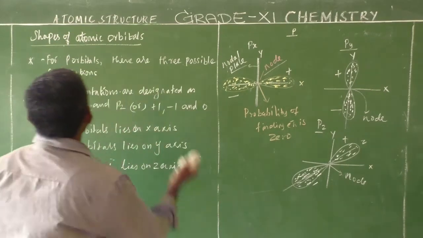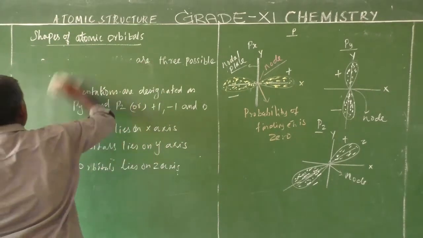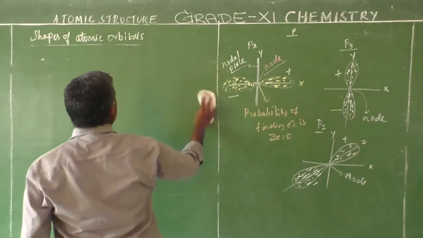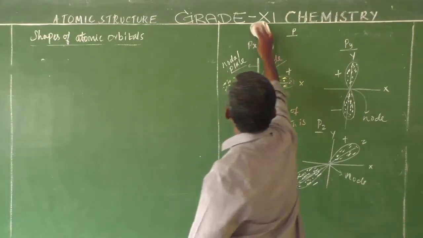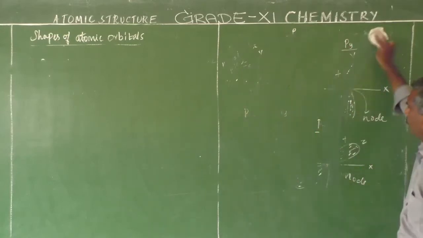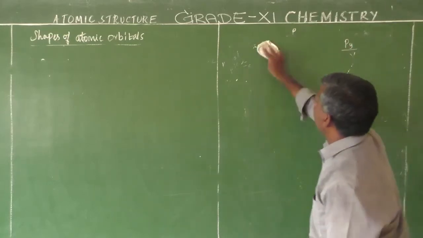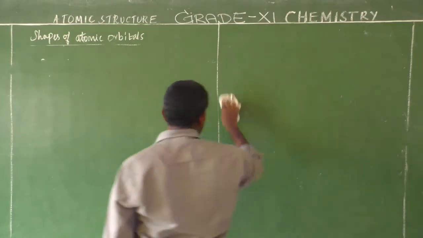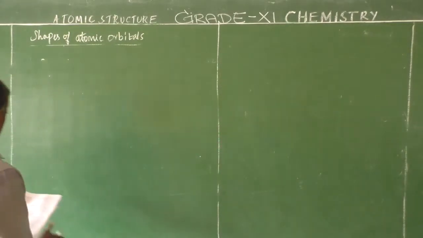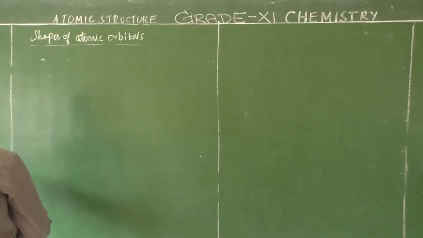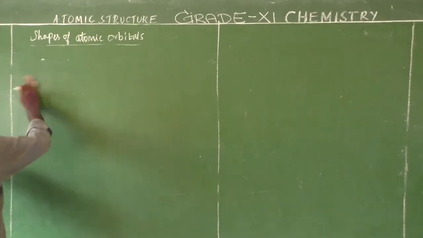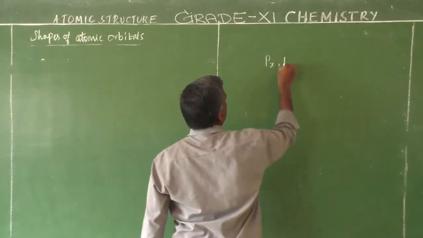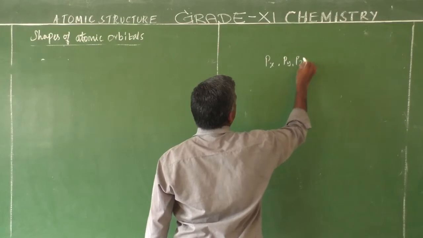Okay. Now next, d orbitals. Okay, you note down this p orbital, px, py, and pz.